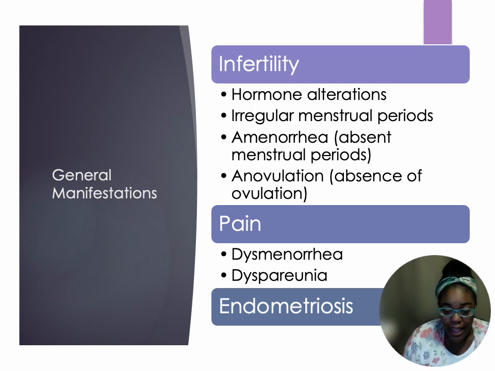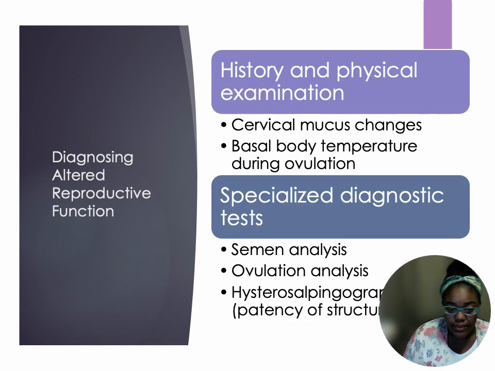You may have pain, which is noted as dysmenorrhea or dyspareunia. And then you have endometriosis, which is an issue with your uterus. So these are general manifestations that you would see with altered reproductive function. There are different ways that you diagnose altered reproductive function.